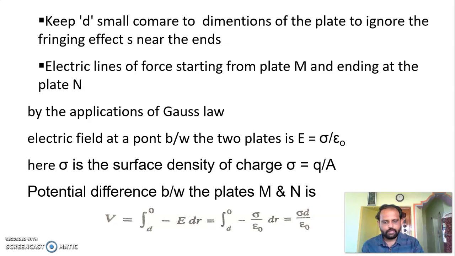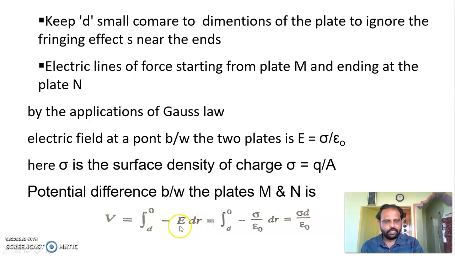The plate M is at distance 0 and plate N is at distance d. So we are bringing the charge from plate N to plate M, so we take the limits from d to 0 and minus E dr.